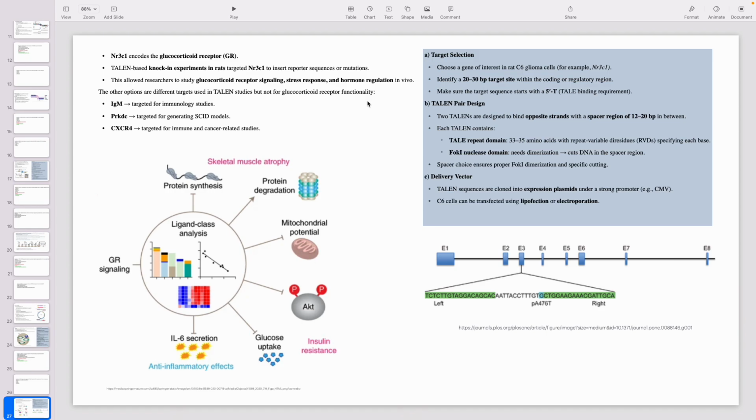So this is how TALENs are used for gene knockout or gene knock-in studies. The experiment can be designed if you want to study the function of a particular gene, that is, the effect of a particular gene on a particular phenotype. Then you have to either introduce or delete a particular gene. So these TALEN strategies can be used for genome editing, and these phenotypes can be studied.